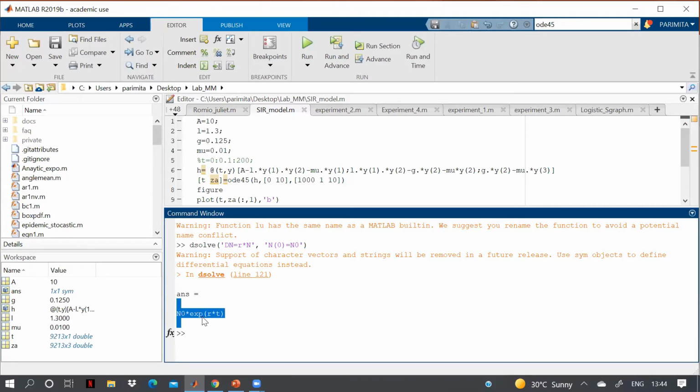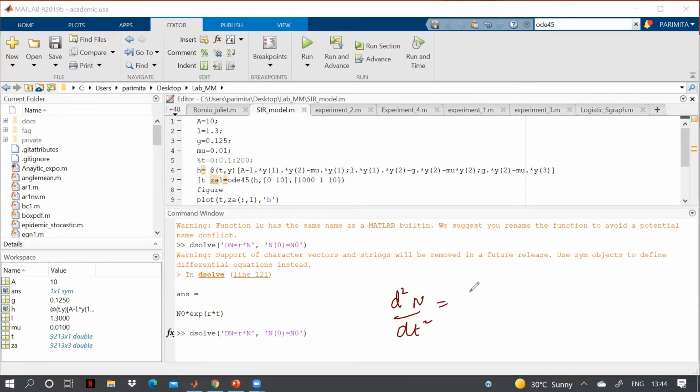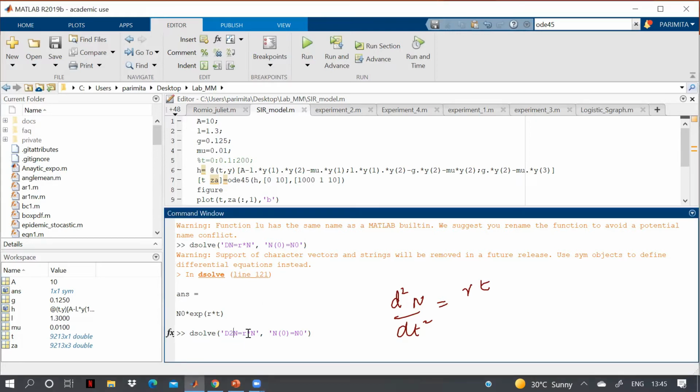If you want to solve a higher order equation, it's also very simple. Suppose I have my equation like this: d square n by dt square is equal to some rt. So I have changed it over here. I will just put 2 over here, right?